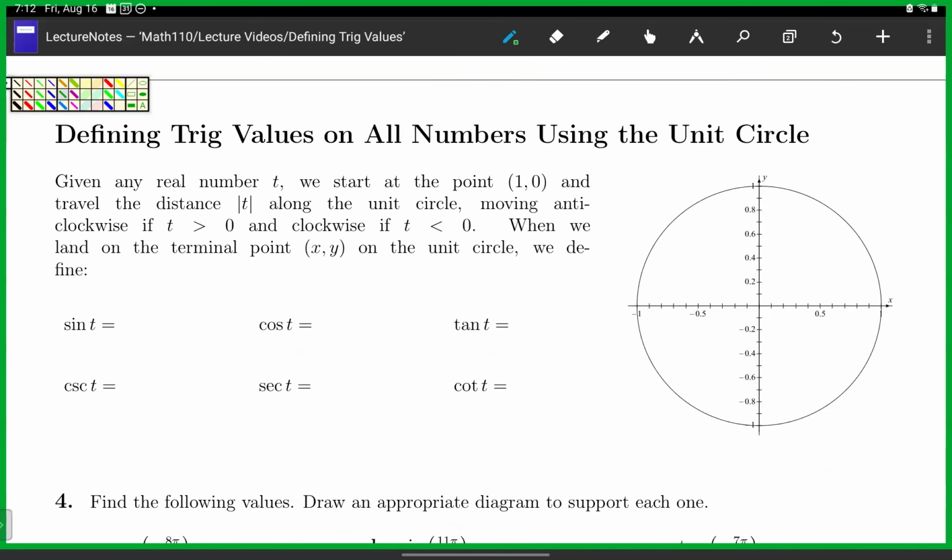So, given any real number, we can think of this unit circle as a real number line that's wrapped around itself in a circle infinitely many times. I start here at 1, 0, and I go t along, thinking of this as a real number line, where this is the positive direction of rotation and clockwise is the negative direction of rotation.